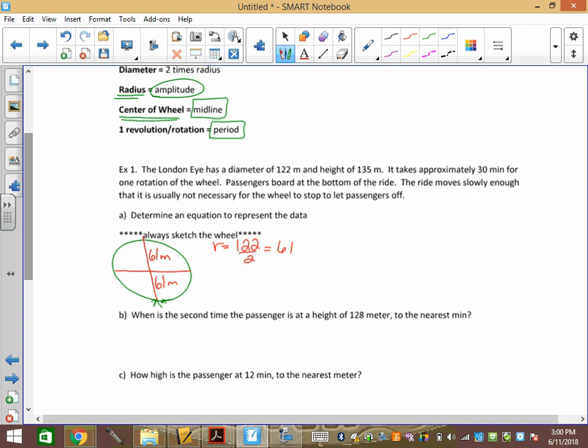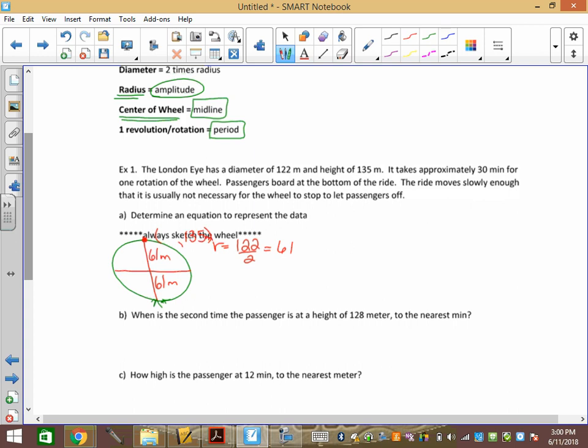How can we figure out what the little base is? 135 minus 122. So the maximum height is at 135 meters. That's always your y.